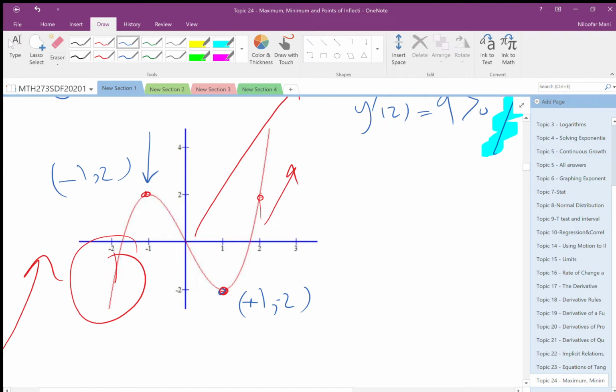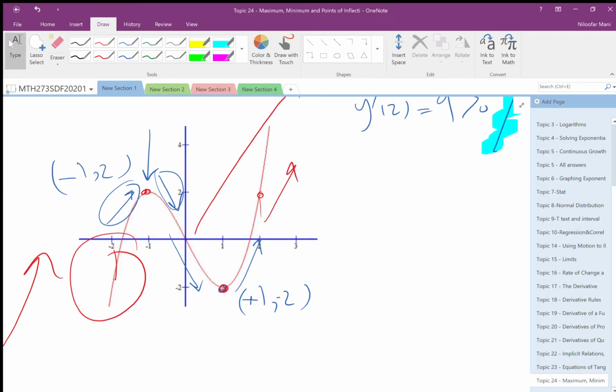Before this point, the first derivative is positive because it's increasing. After, it's decreasing. So the first derivative must change sign from minus to plus or from plus to minus. Here it changes from plus to minus, meaning increasing then decreasing, and here decreasing then increasing, minus to plus. In that case, I can say for sure I have a maximum or minimum.